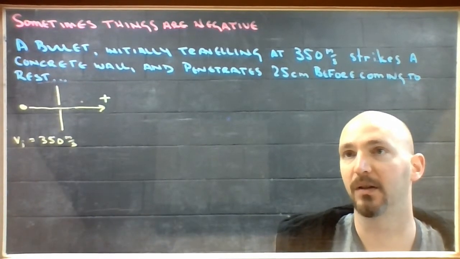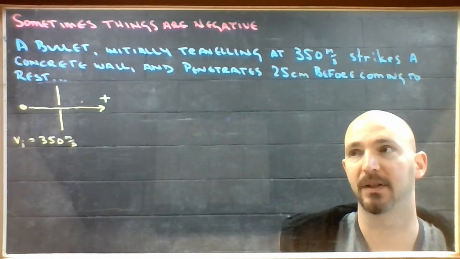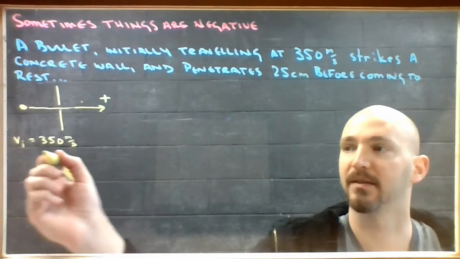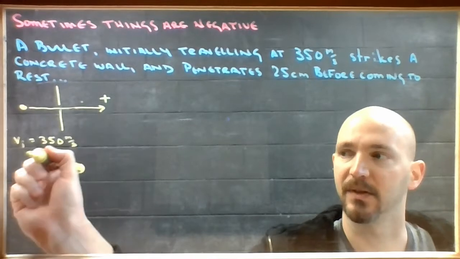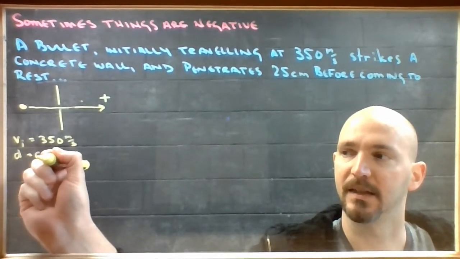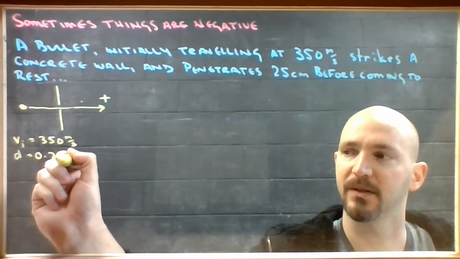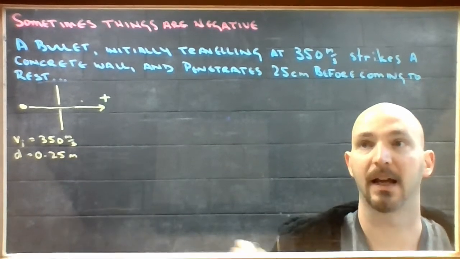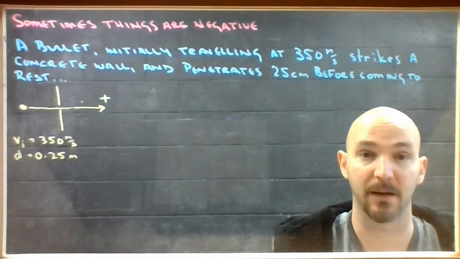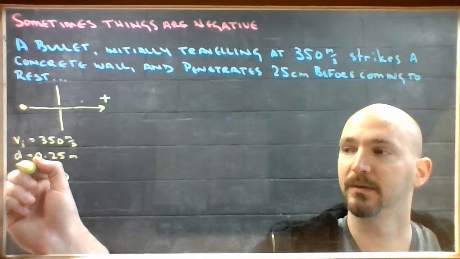Strikes a concrete wall and penetrates 25 centimeters before coming to rest. So the distance it covers is 0.25 meters. And if it comes to rest, then its final speed is 0.